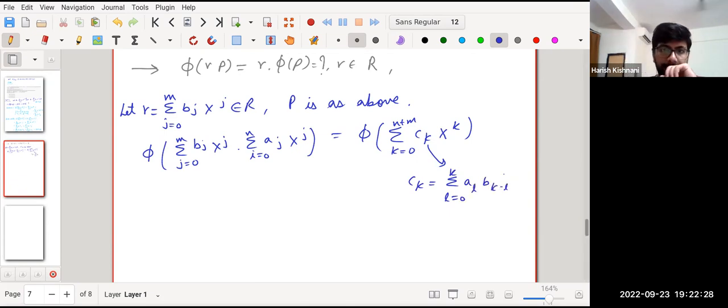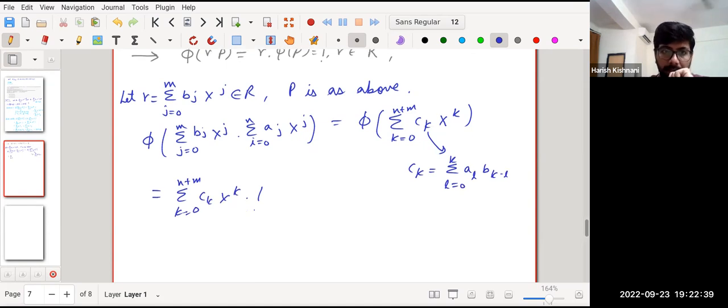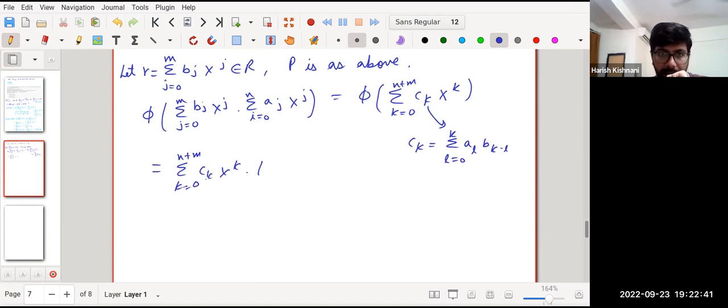So by definition it is going to be summation of k equal to 0 to n plus m ck xk dot 1, and as you are supposed to extend the action linearly, you can take this inside.